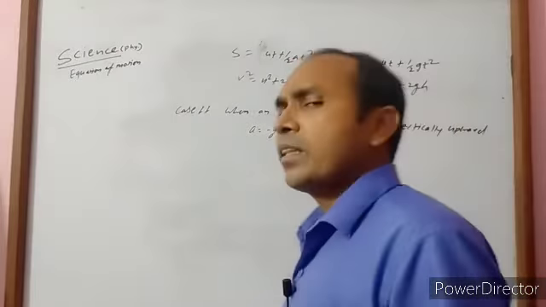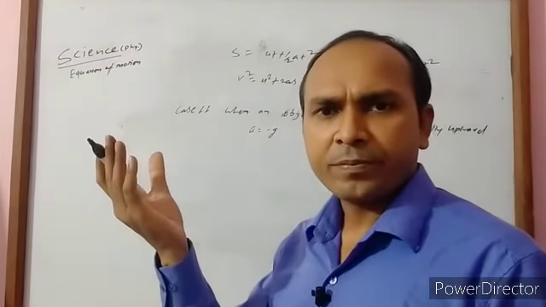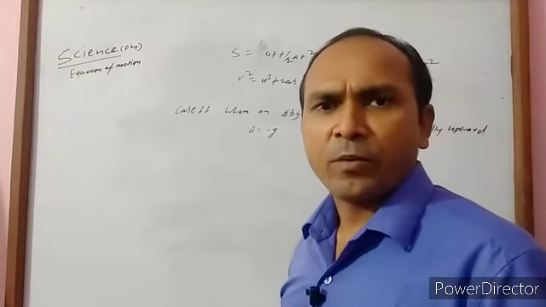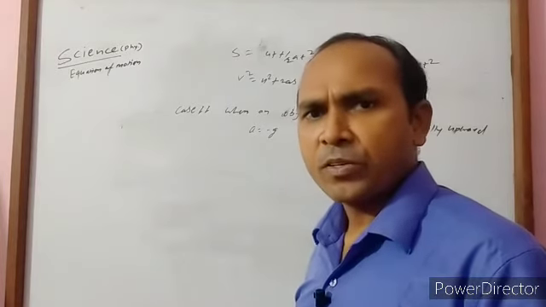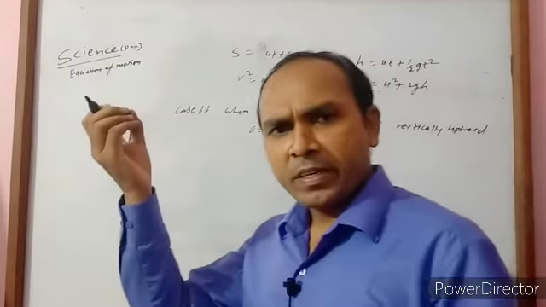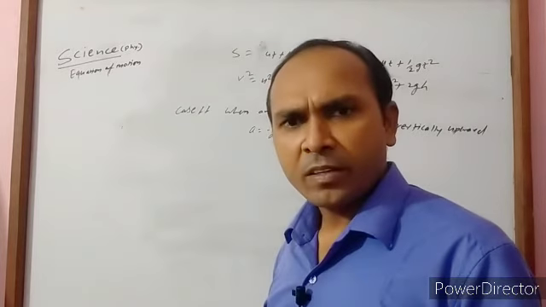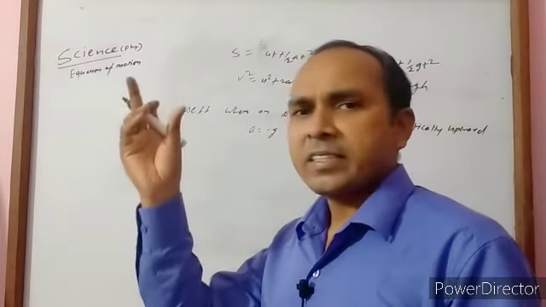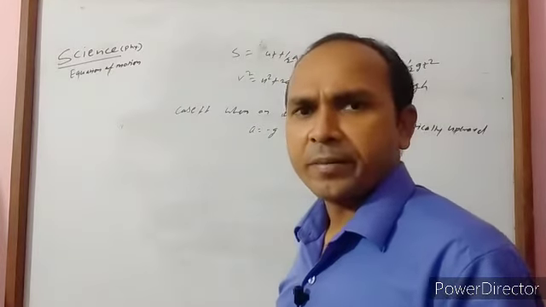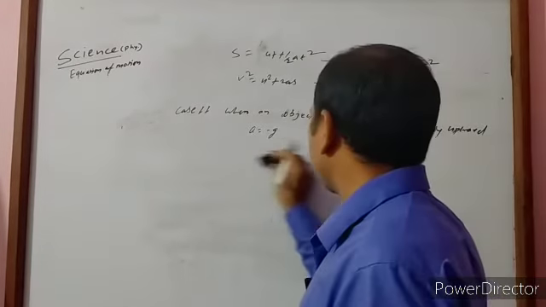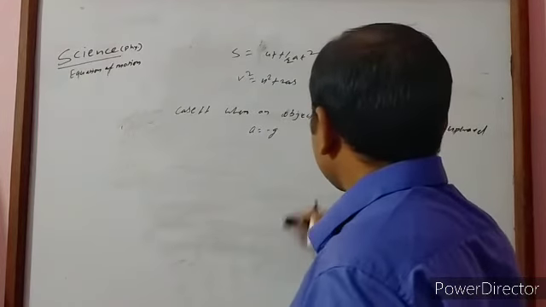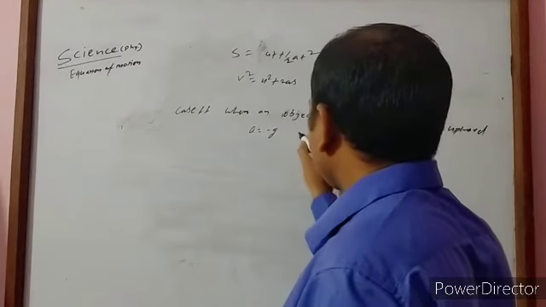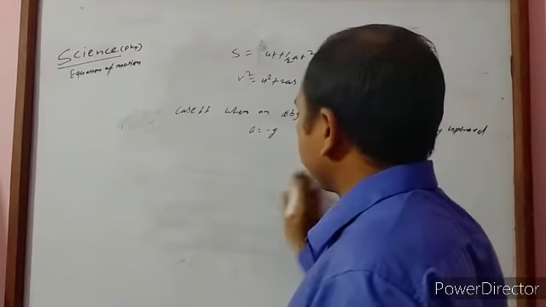We already know when the object is thrown vertically upward, the acceleration due to gravity value becomes negative, because the acceleration due to gravity acts vertically downward, but when we throw the object vertically upward, that is in the opposite direction of the acceleration due to gravity, so g value becomes negative, and s is equal to h.